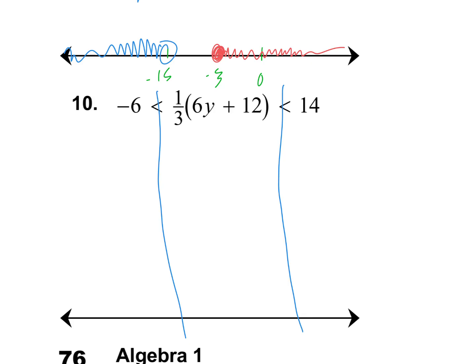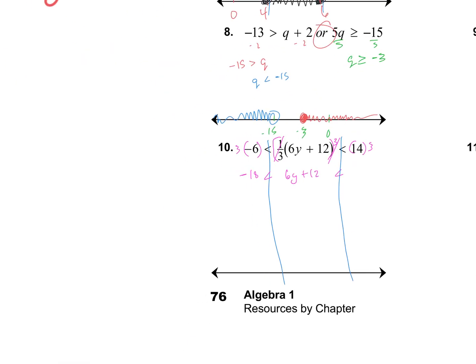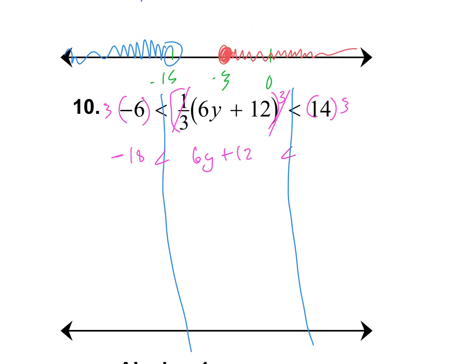And the first thing I'm going to do is multiply everything by 3. And when I say everything, I kind of choose my words that way because this little segment right here is just going to cancel the 3's, the 3 and the 1/3. So I get -18 is less than 6y plus 12 is less than, oh, I zoomed out somehow, 42, yeah.